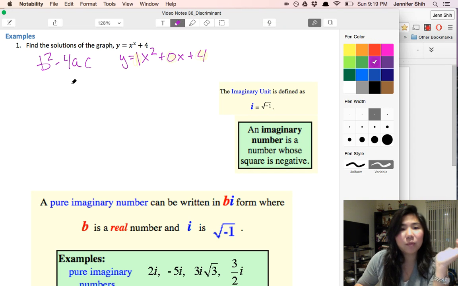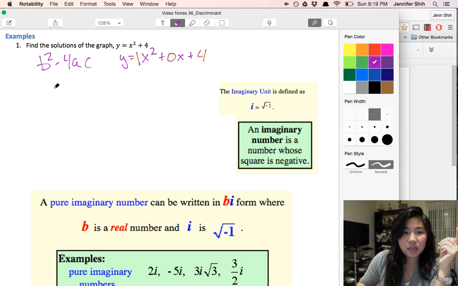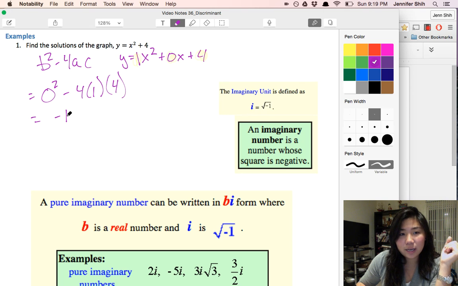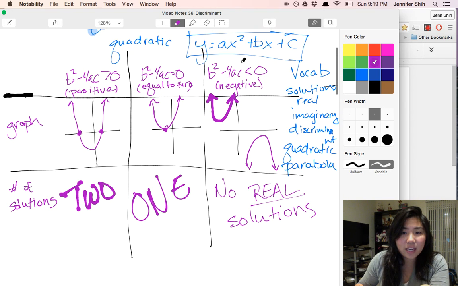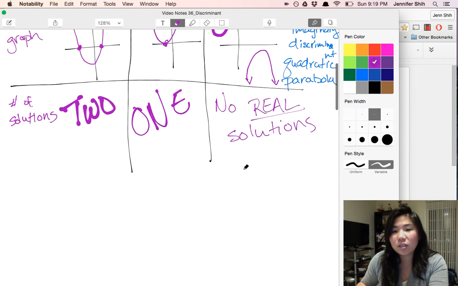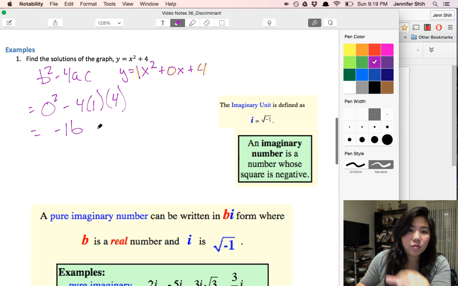B squared minus 4ac is equal to 0 squared minus 4 times 1 times 4, and I get negative 16. Okay, so I go back and look at my graph. If I have a negative number like this, b squared minus 4ac less than 0, there are no real solutions. All right, so no real solutions.